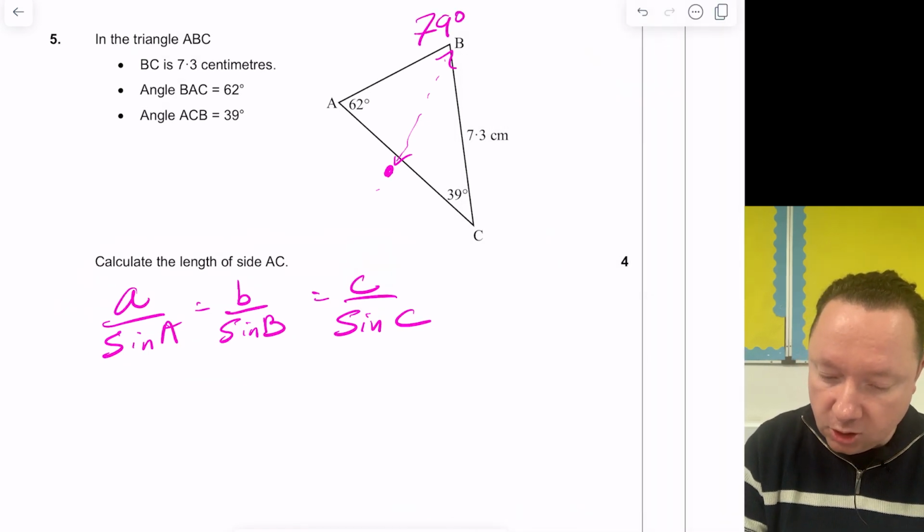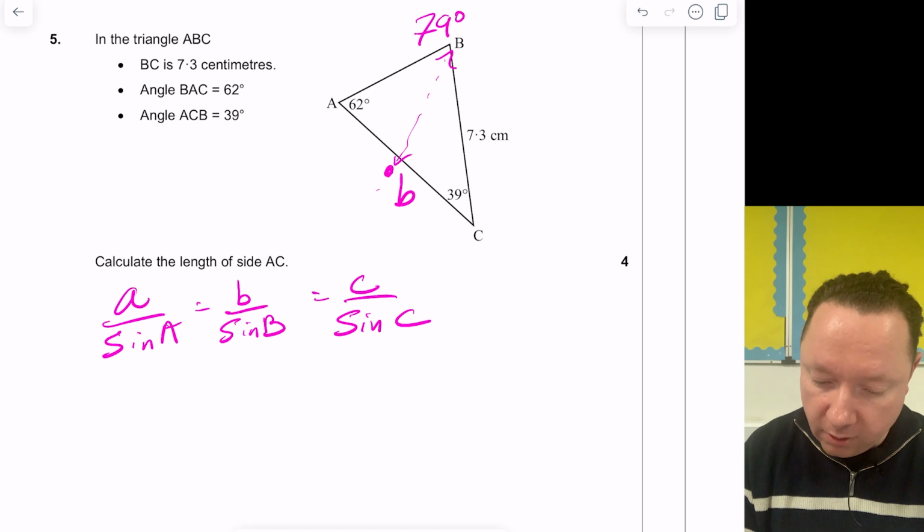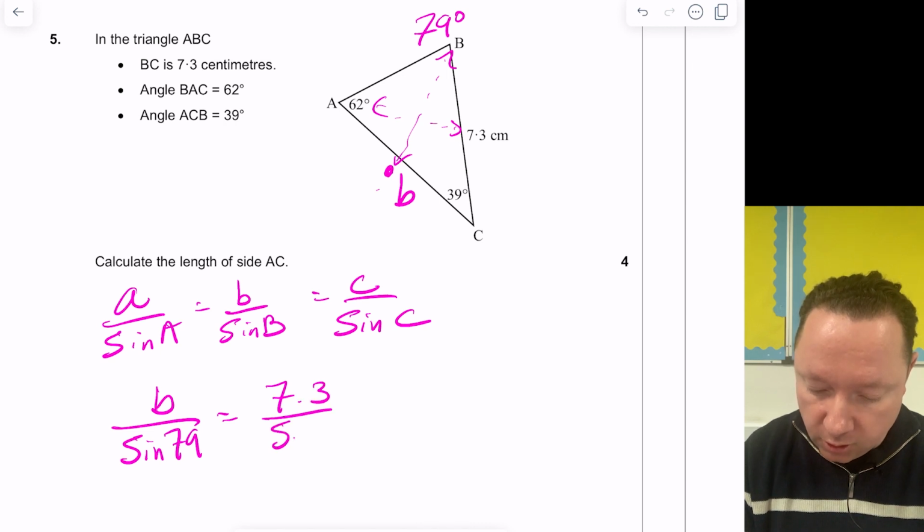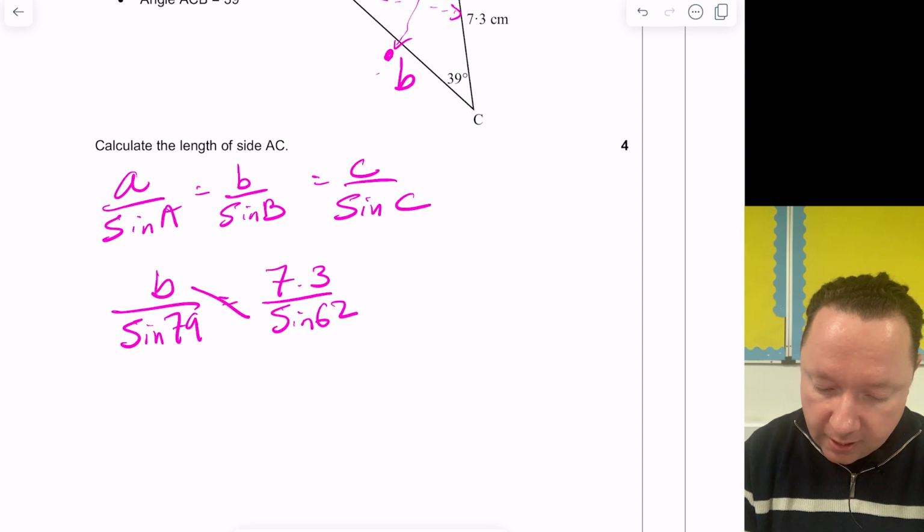So that means that, let's just call that B for the sake of it, because it's opposite the angle B. So we've got B over sine 79 equals, these two go together, so they're opposites, 7.3 over sine 62. B times that equals that times that.